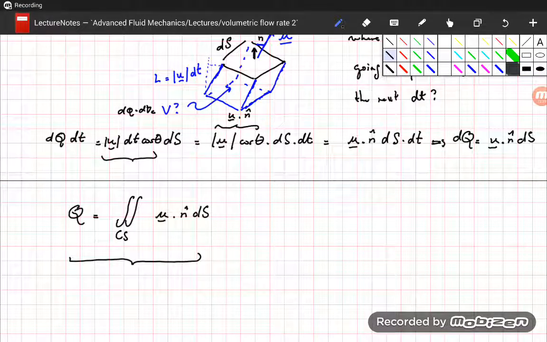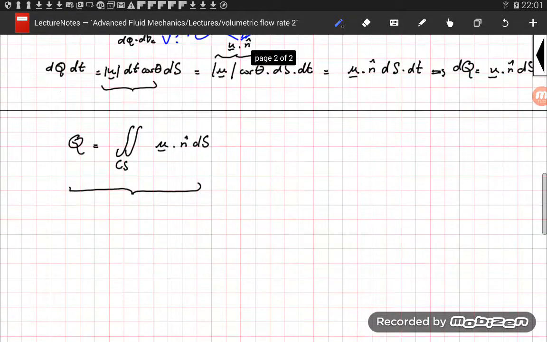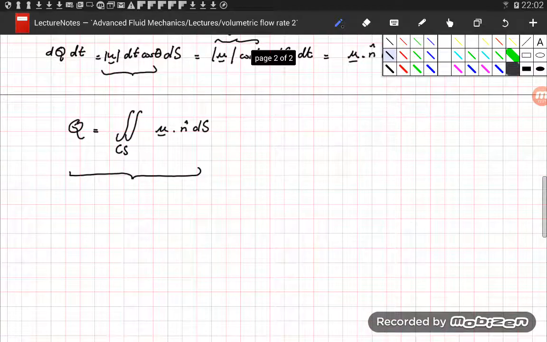And this quantity is very important because for every physical quantity which can be transported by mass transport, the volumetric flow rate comes into the formulation of the flux. So in our initial question, what is the flux of sodium ions, for instance?